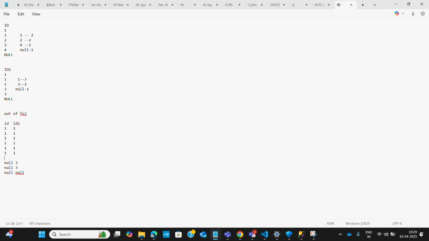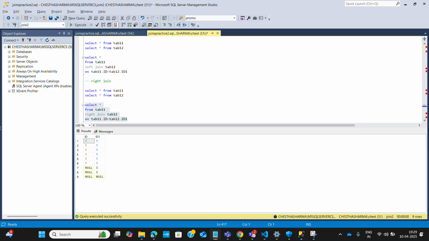After this, the output of left join, 2, 4, will also come. So this will also come into the output. Got it?